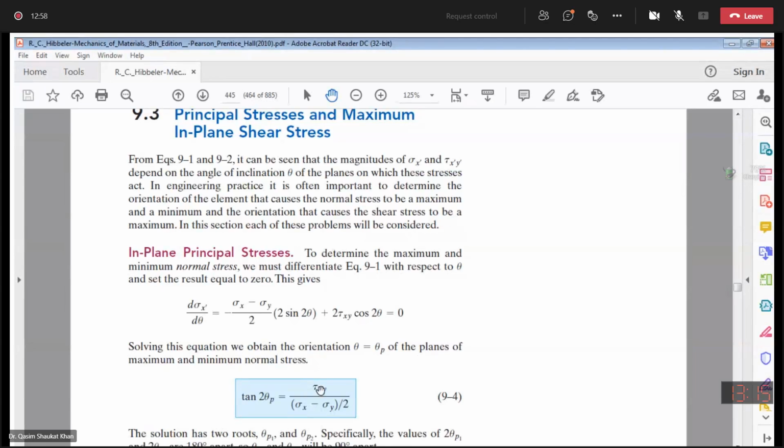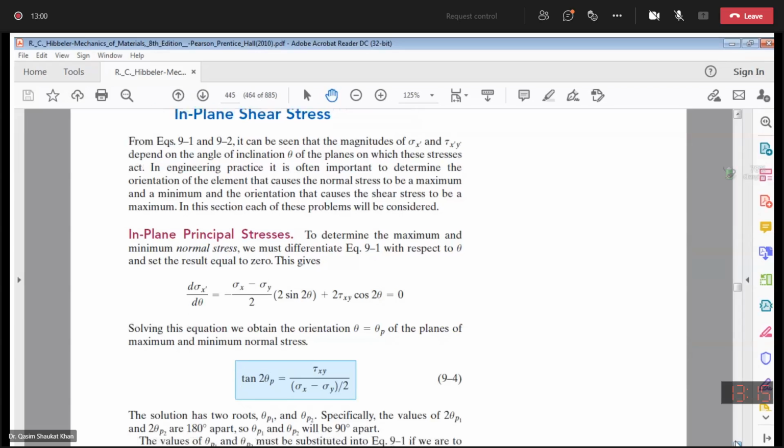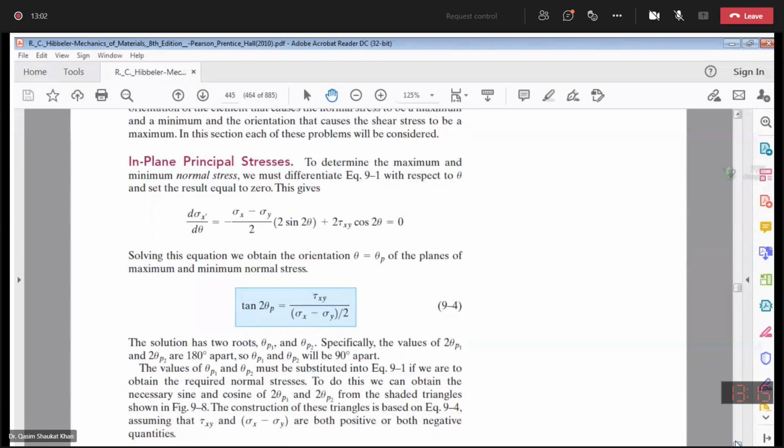Now the other thing we were studying is that this equation, tan 2 theta p, gives us two roots, theta p1 and theta p2.